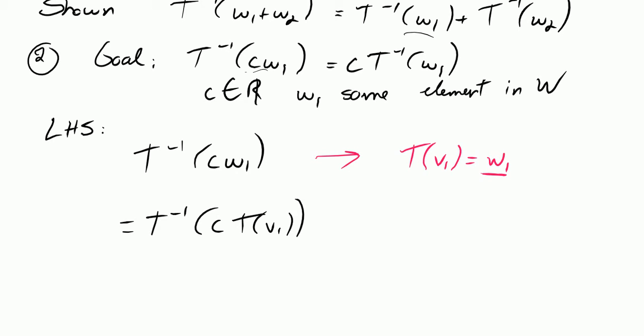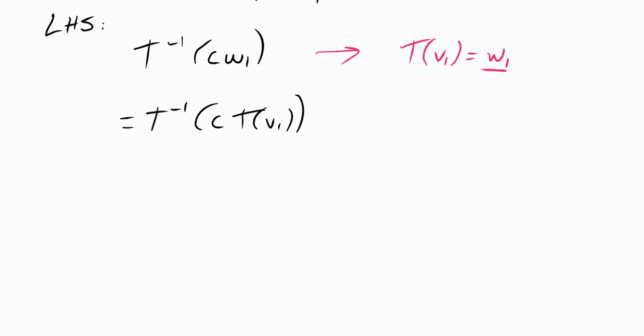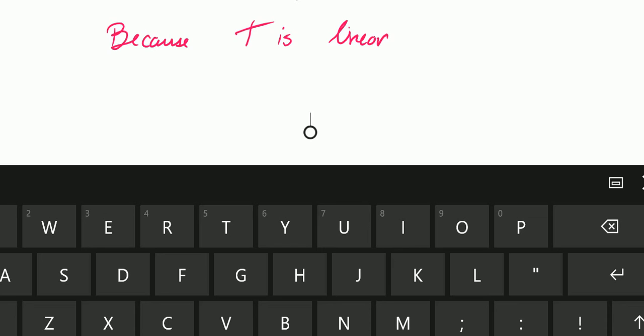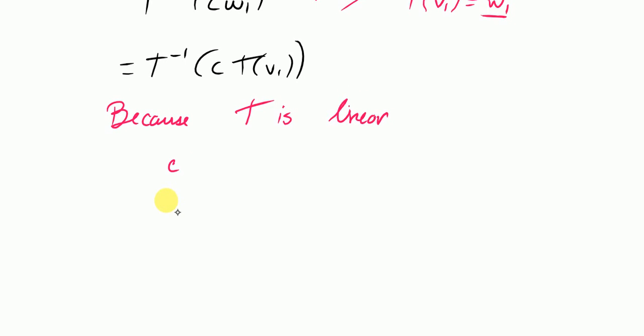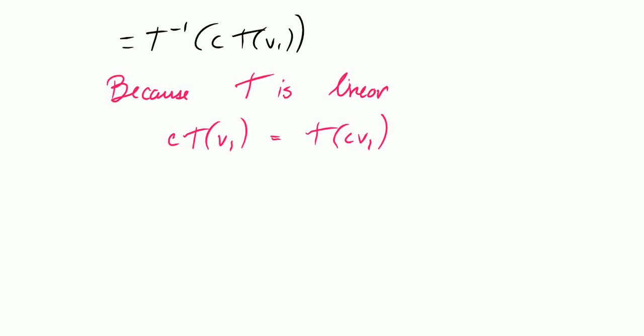And now, because T is linear, I know that C T V1 is actually equal to T C V1. So I have this side, and I'll just replace it with this side.